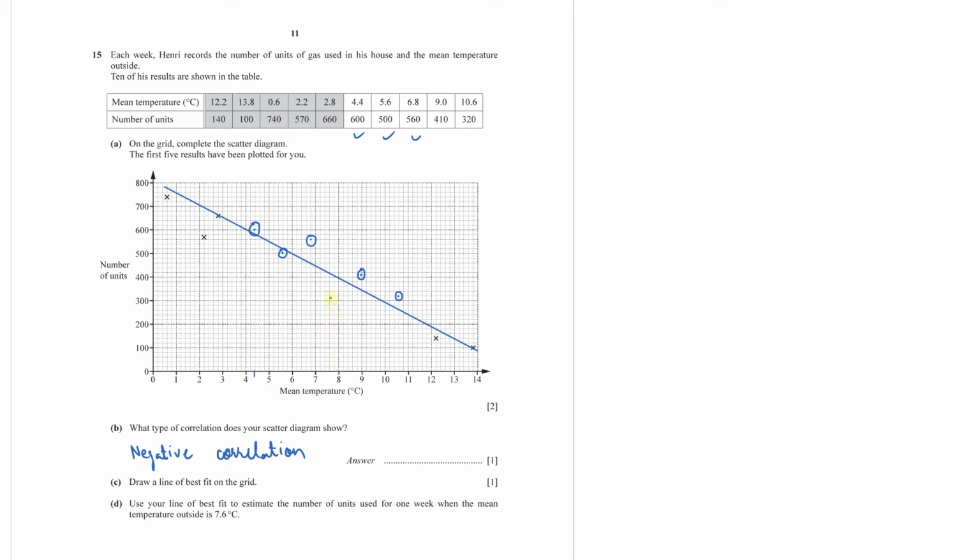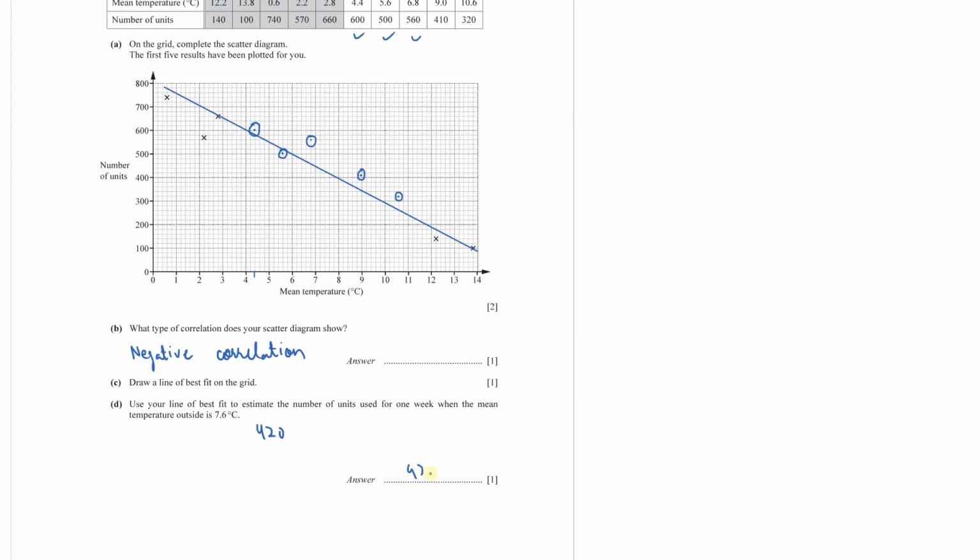So this is 400, and this is the intersection point. This line here is 7.6, and it's intersecting at around 420, because this is one small block above the line of 400. So you can say the number of units of gas used is 420.